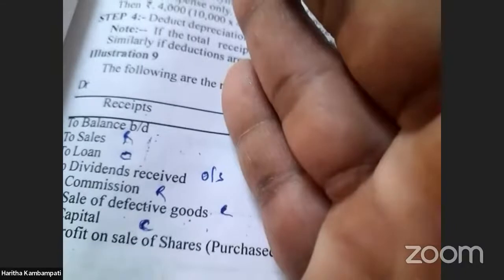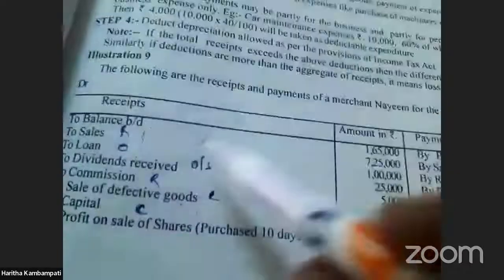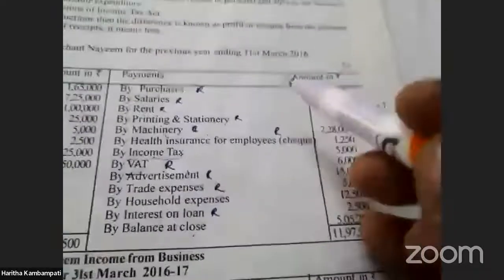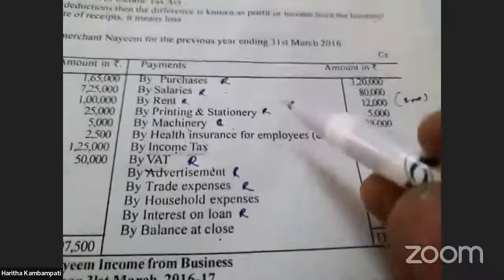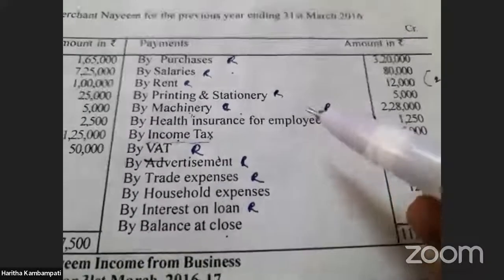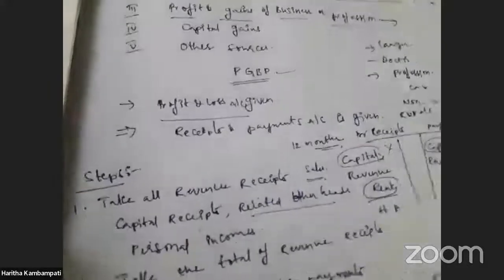The first step, we have taken the elements which are receipts, revenue in nature, segregated also. Here also, we should consider only revenue payments and eliminate other things. So let us finish this problem.